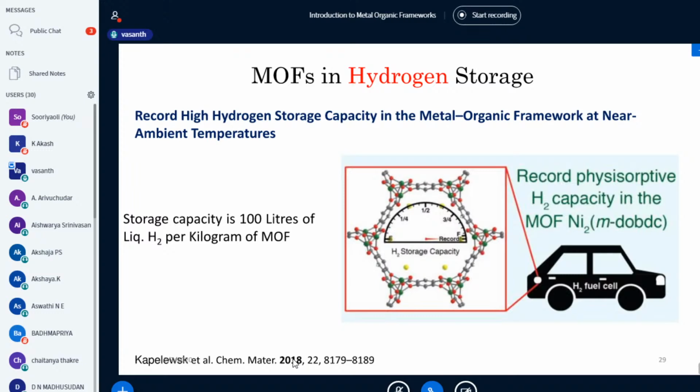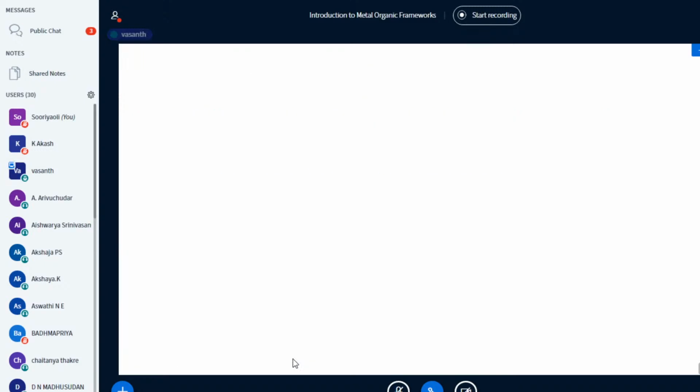Recently, in 2018, a group from the US published an article saying that they have reached the highest point at which metal organic frameworks can store hydrogen. They can store 100 liters of liquefied hydrogen in 1 kilogram of MOF. It's very huge. If such a thing happens, we can store hydrogen very safely and very efficiently, and it can be given off very efficiently so that fuel cells are possible.